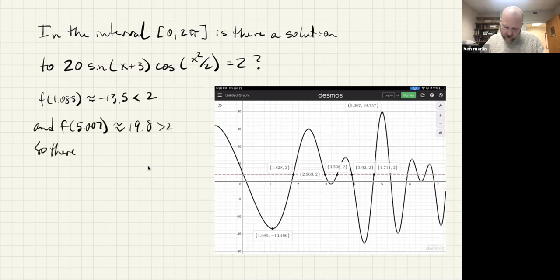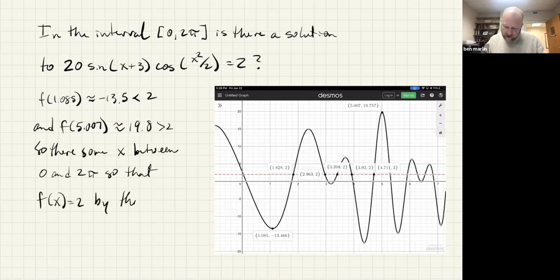So there is some x between, and here it's between 1 and 5, but I'm going to be just a little bit vague and say between 0 and 2 pi, so that f of x equals 2 by the intermediate value theorem.